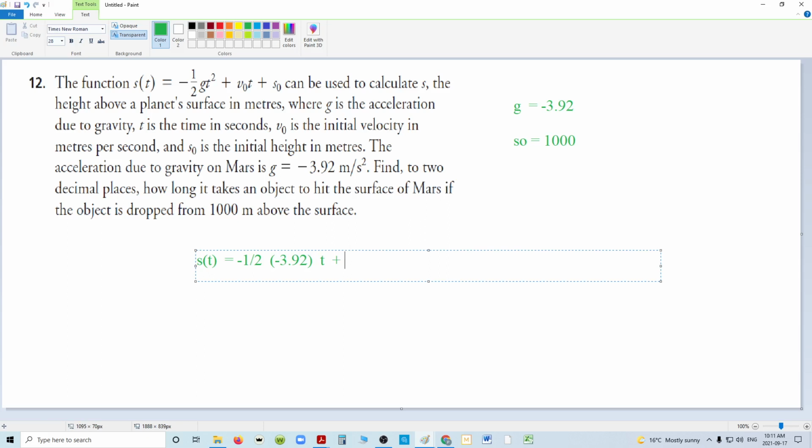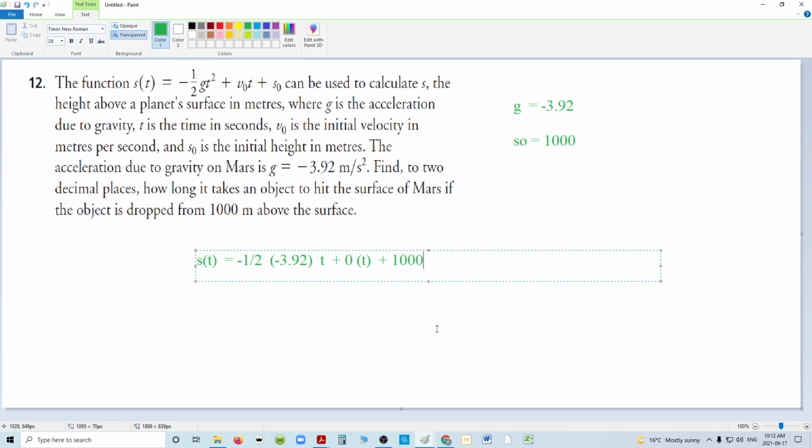Dropped. So the initial velocity is 0. If it's dropped, it's not thrown. The initial velocity is 0. So I think you put in 0 here. I hope that's right. And add 1,000.